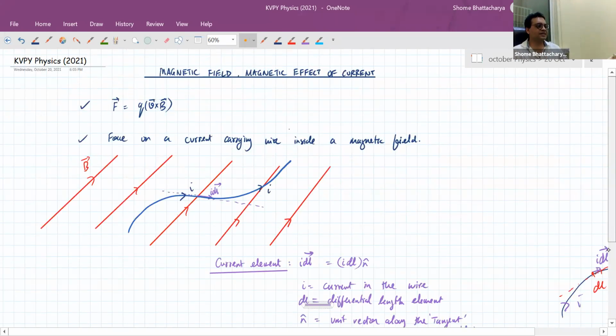The other is that it is an extension of the earlier formula that we've written, F is equal to qv cross B, because inside the wire there is a stream of electrons flowing with a certain velocity called drift velocity. That drift velocity is directly proportional in magnitude to the amount of current. That stream of electrons flowing inside the wire is continuously experiencing magnetic force because of this field. As a result, any small element of the wire has a certain number of electrons present in it at a given moment.